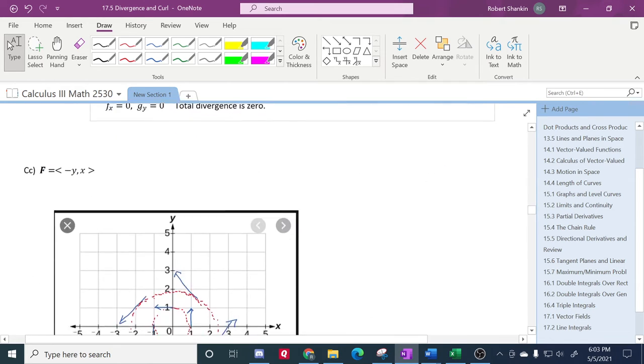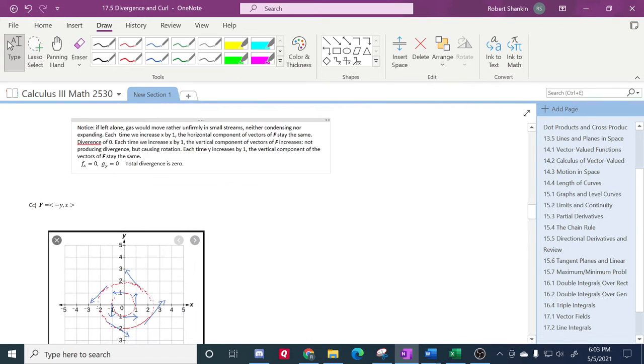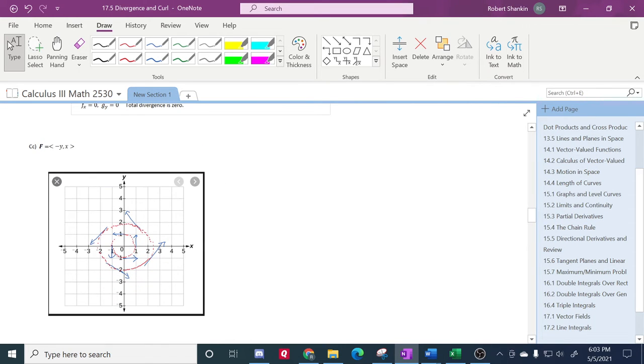And let's look at the next one. Let's see. Capital F is negative y, x. And I have a picture of that. And when you see just the vectors, it's kind of handy to see that on this little red circle, you are going to get pushed around like this.